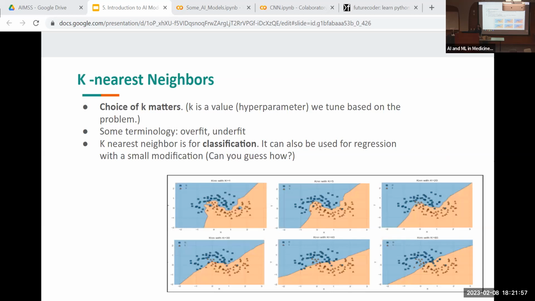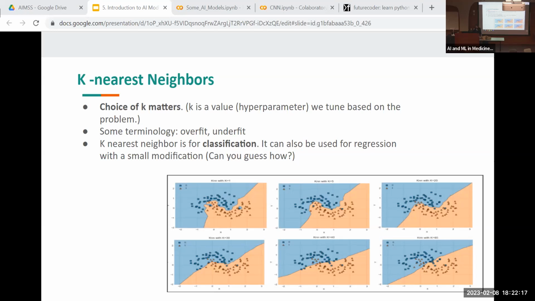There are some considerations when using k-nearest neighbors as a classifier. One consideration is that the choice of k matters. It means that we need to choose k wisely based on the problem that we're trying to solve.